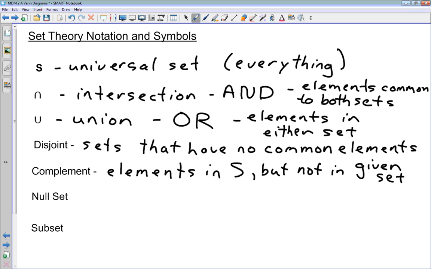So if our universal set was food and we were talking about the set fruit, the complement of fruit would be all kinds of food that are not fruit, that are not in the set of fruit.